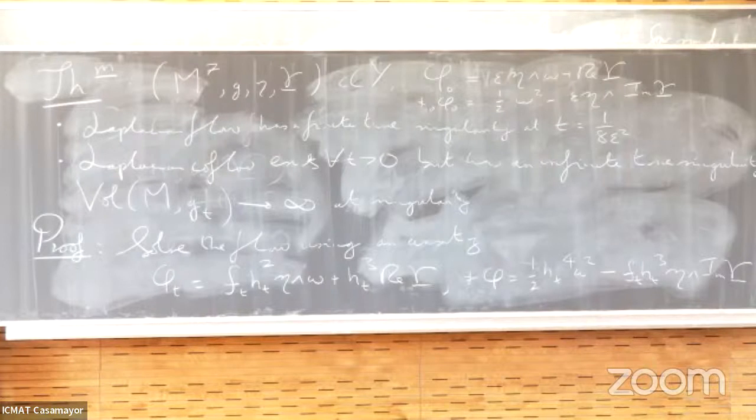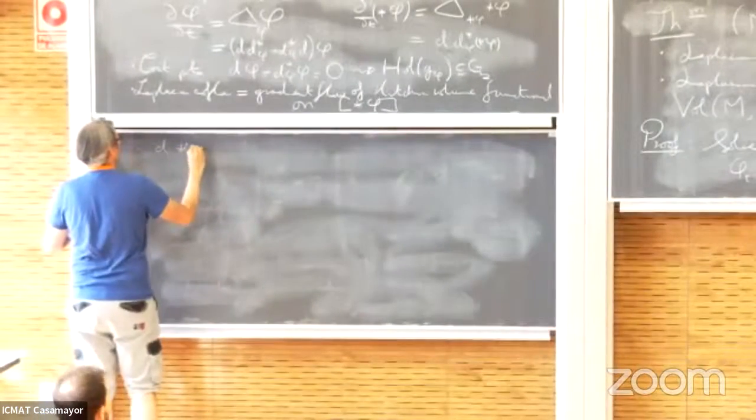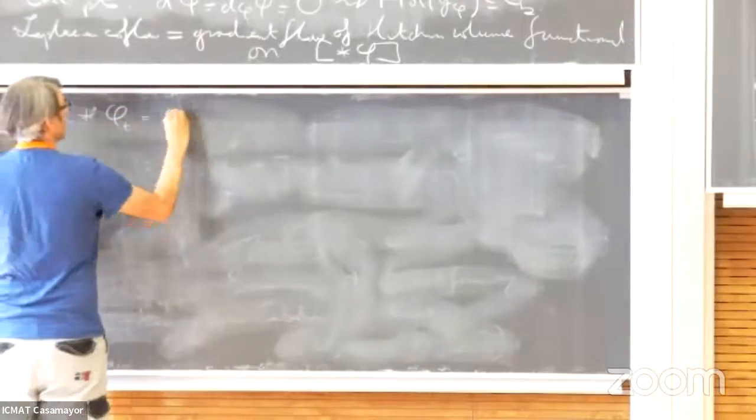And miraculously, or perhaps not so miraculously, you discover that, one thing you should notice is that if you write down that ansatz, then they're all co-closed. So you see that d star of phi_t is always 0.